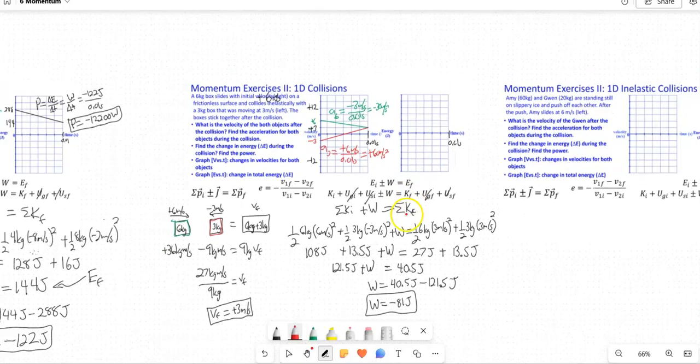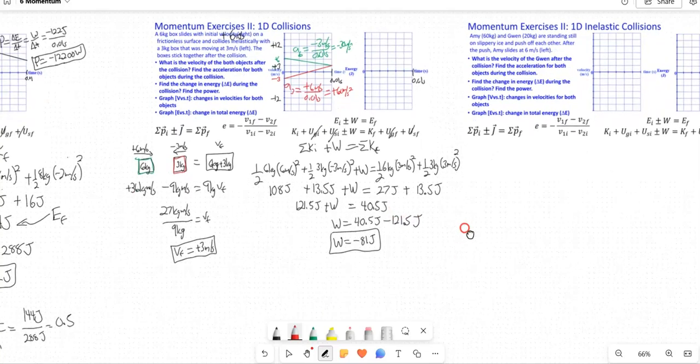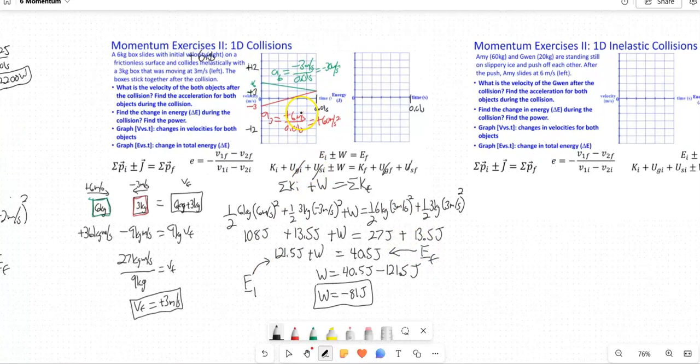All right, let's do the power for this guy. His initial energy is right there. It's the initial kinetic energy in this case. The final energy is right there, which is 40.5.